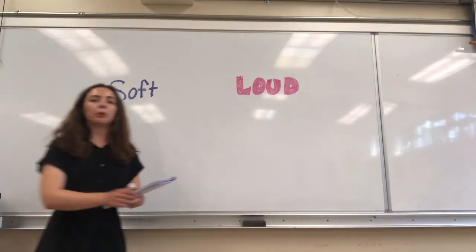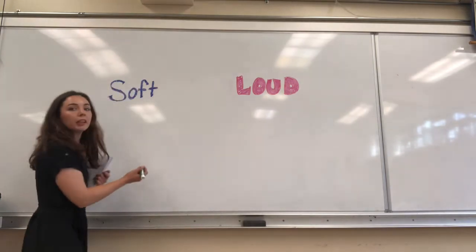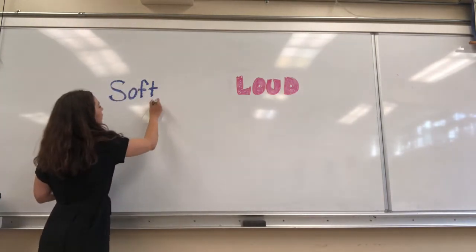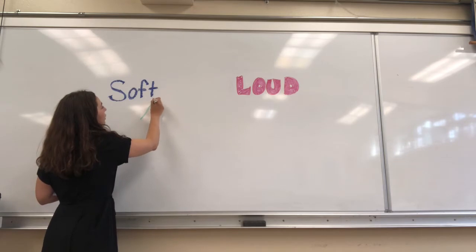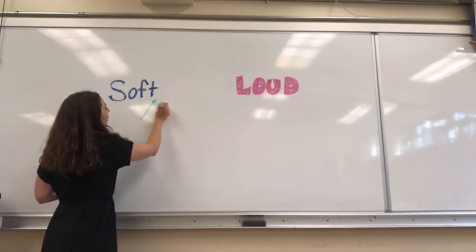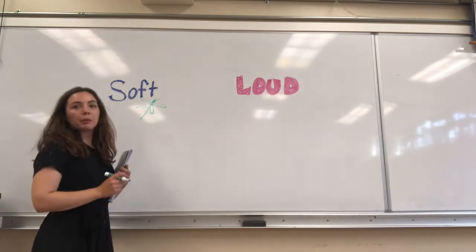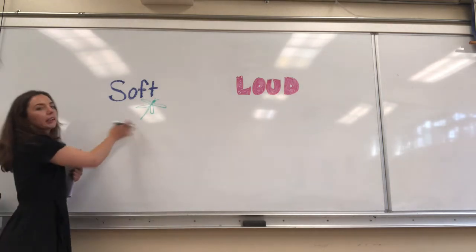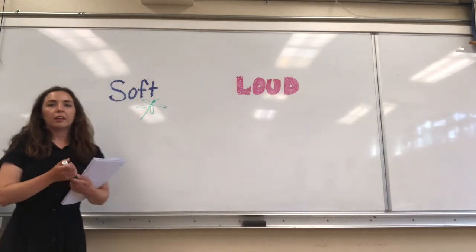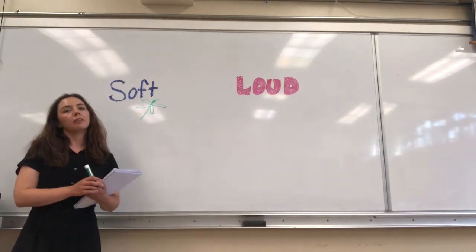One example of a soft sound could be a dragonfly. So I'm going to draw a little dragonfly here. Maybe a dragonfly makes a soft sound. And what else could make a soft sound?